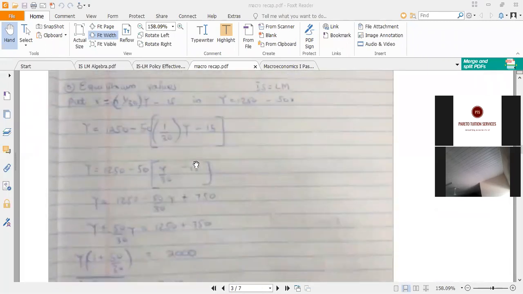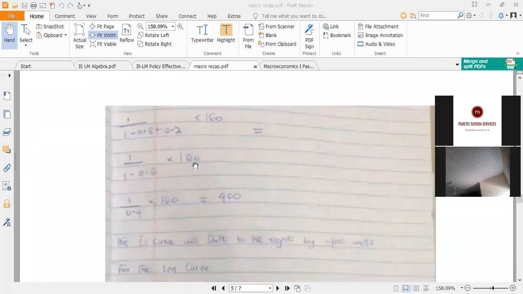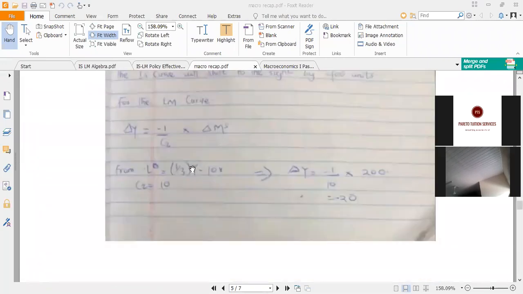So if you want to find the change in the LM, when you differentiate with respect to MS, you get minus 1 over C2. That's why we are using minus 1 over C2. So the change in R is minus 1 over 10 times the change in the money supply, which is 200.